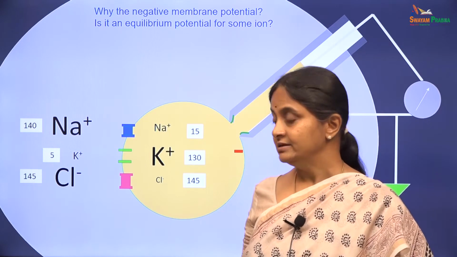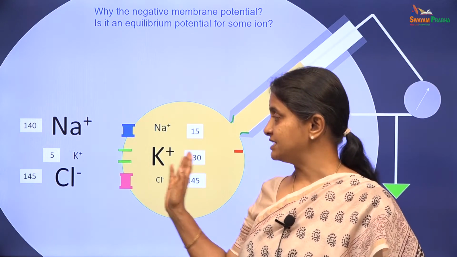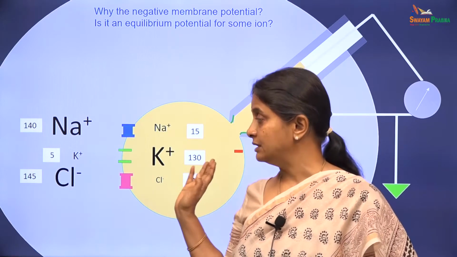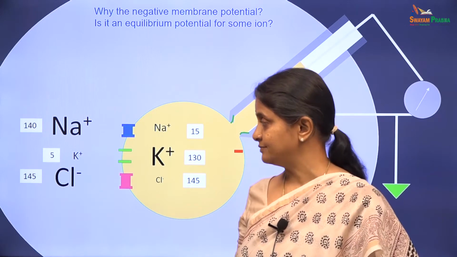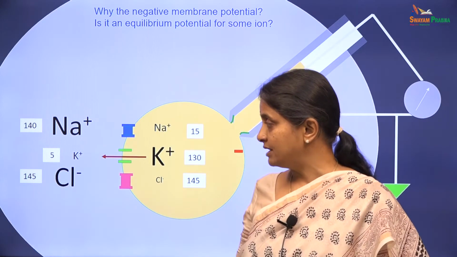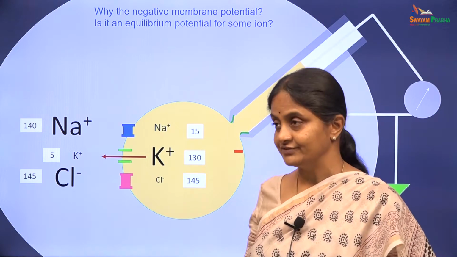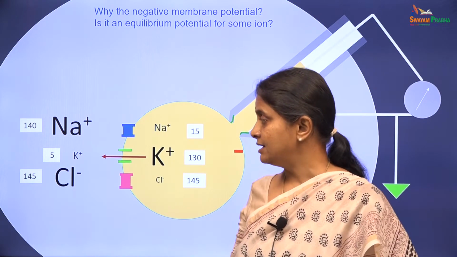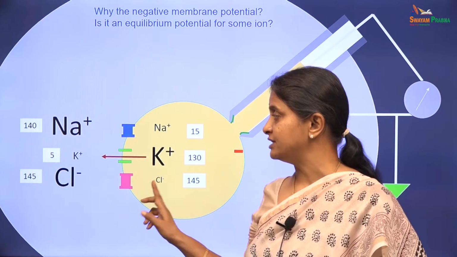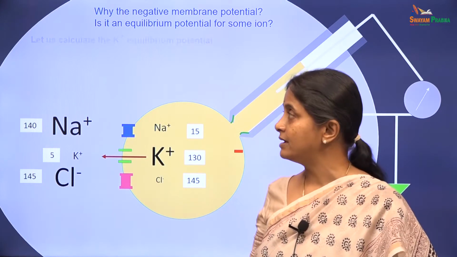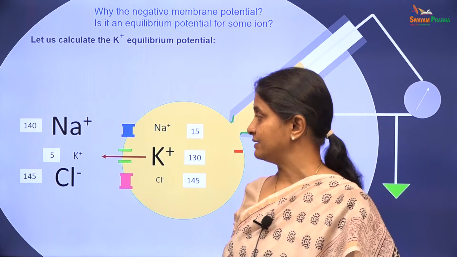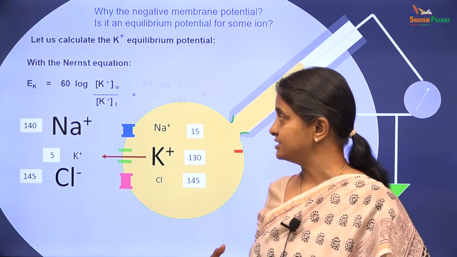So let's see what the potassium equilibrium potential would be given those concentrations of potassium. If the channel is open and potassium leaves the cell, it can't go on forever, because very soon an internal negativity would build up, and the magnitude of that negativity can be calculated with the Nernst equation.